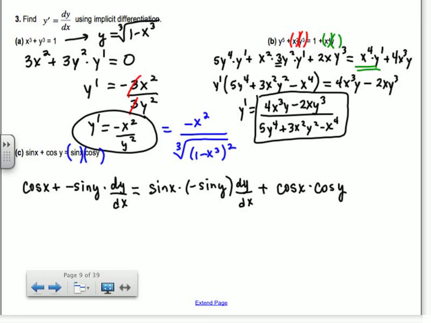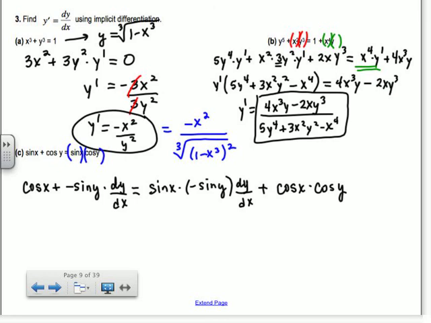get everything with dy on one side. For this last one, right there? Nope, because I never took the derivative of something with y there, because this was just cosine of y before. I didn't take the derivative of it. It was always just normal. So think, when are you taking the derivative of something with y and when you aren't?